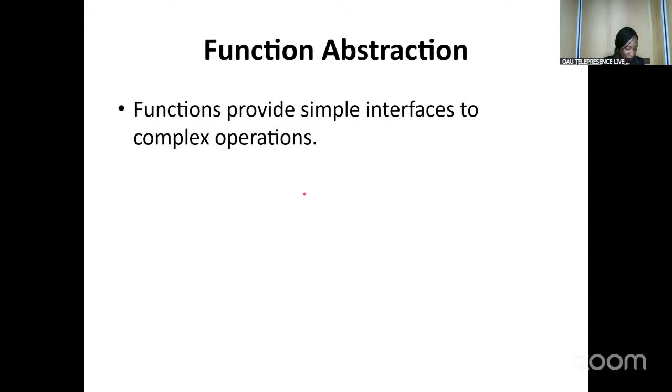So for example, if you have this function of calculating a particular score, and that score involves a lot of multiplication and addition, you can create a particular function that you will call, to just say, okay, let me call solve. So anytime I call solve, I get the result of that operation. So a function hides a lot of details from the user that is using it.